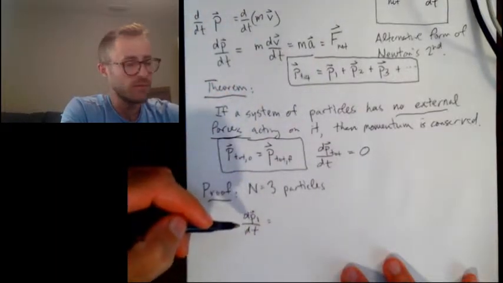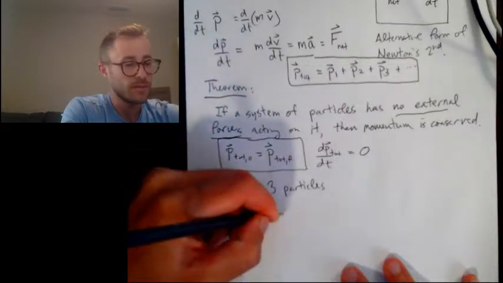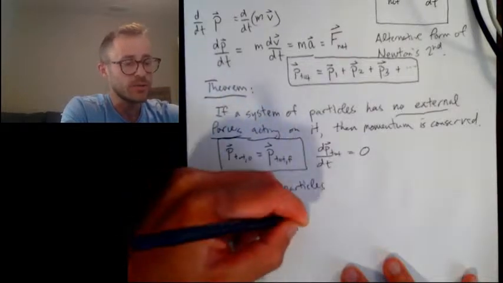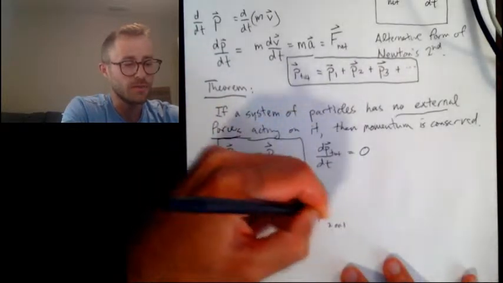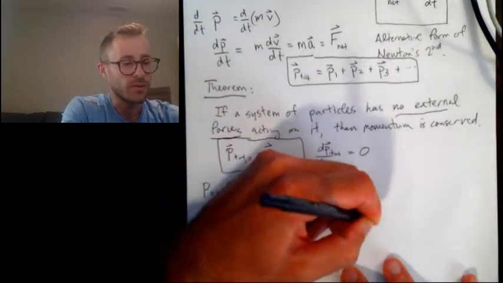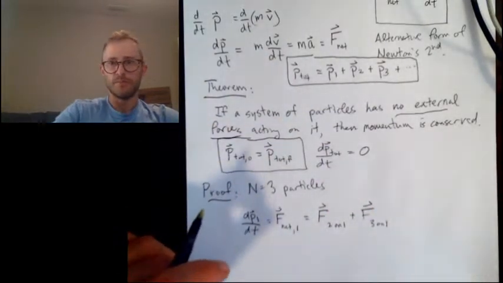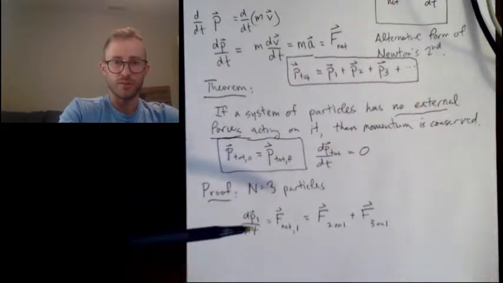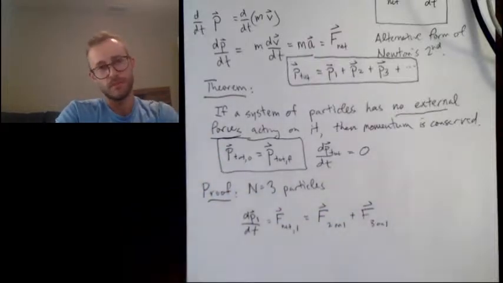So the derivative of momentum 1 with respect to time is going to equal the net force on particle 1, which is going to equal the force of particle 2 on particle 1 plus the force of particle 3 on particle 1. We are not going to have any other terms because there's only two other things that could possibly exert a force on particle 1.